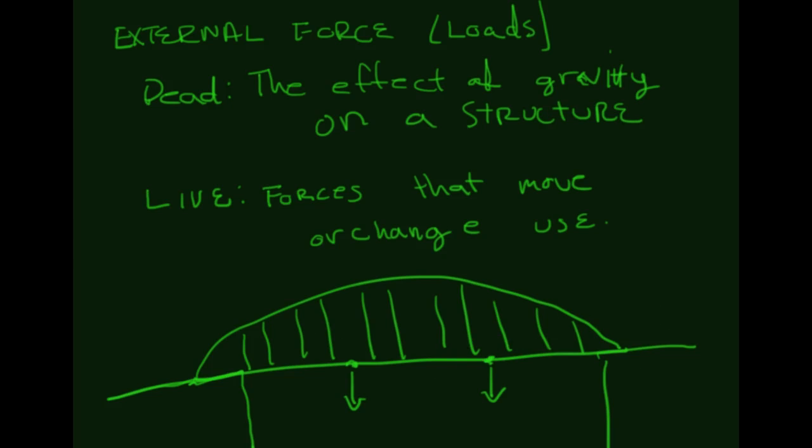But if I were to put a truck on the bridge and have the truck drive across, then the forces that are being exerted by this truck are live loads, because they're not forces caused by gravity on the bridge itself, but they're being caused by the use of the bridge.